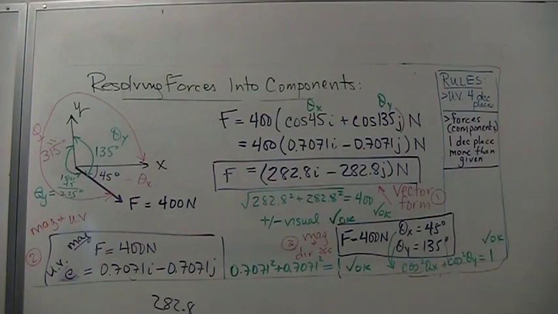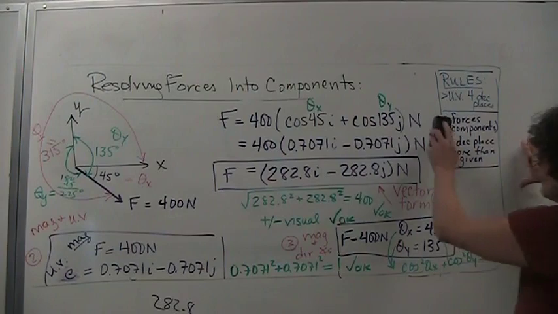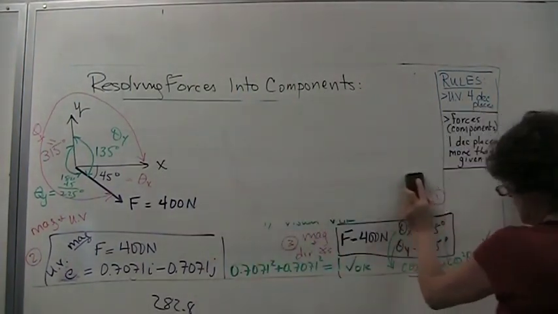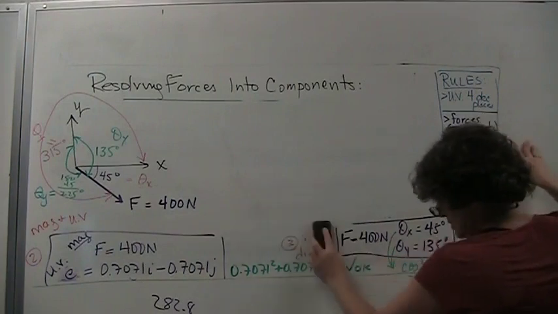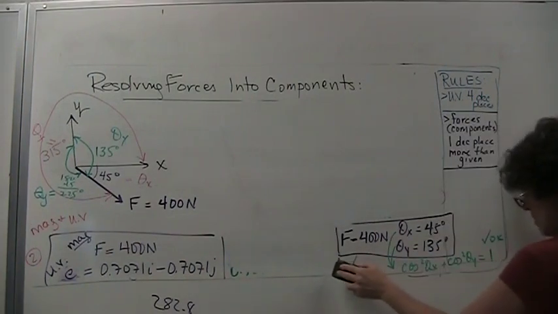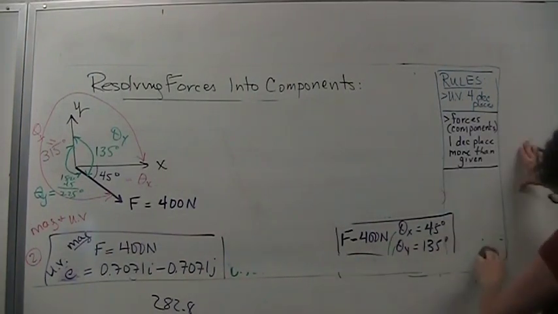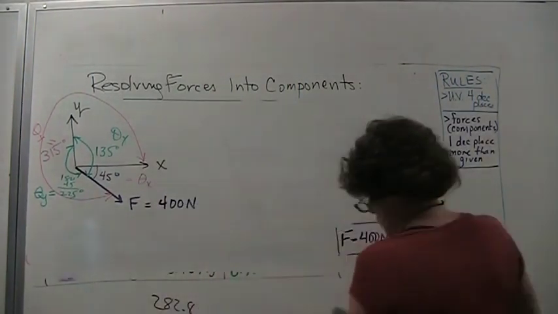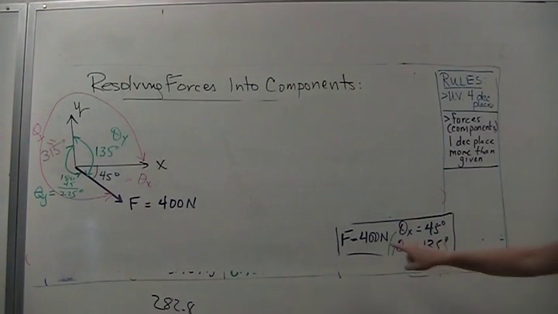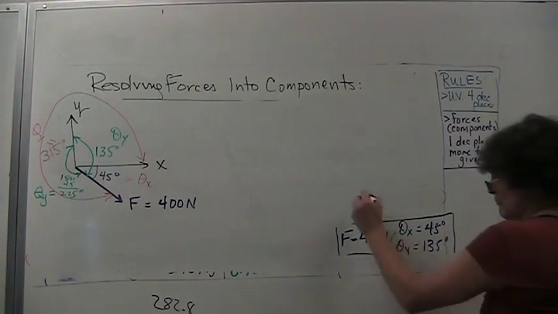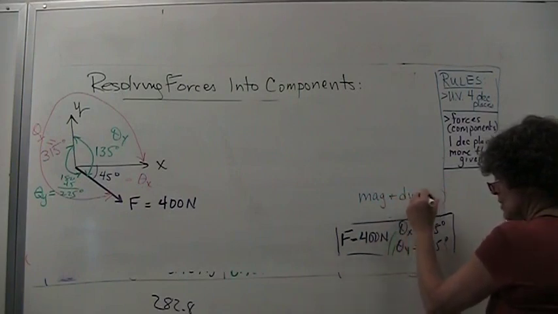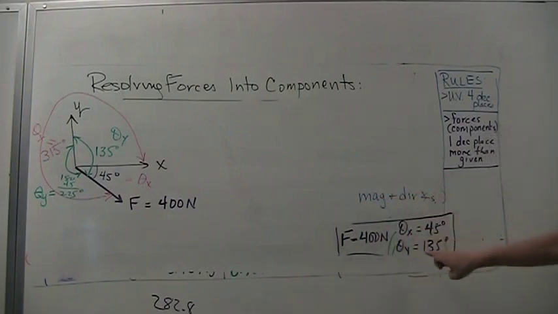I just remembered another question that students have had in the past. The question was, when we represent the force with magnitude and direction angles, do we have to represent both?